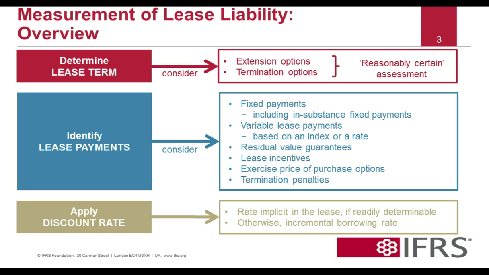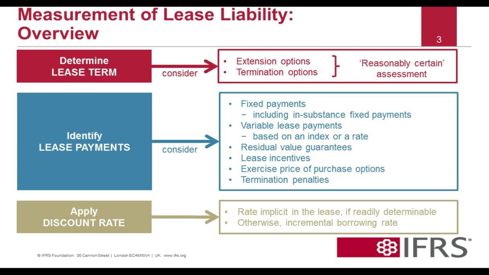So the first area that we'll talk about relates to determining the lease term. Specifically, we'll be discussing what a lessee should be doing with extension and termination options. So, for example, we'll look at the factors that a lessee should consider when thinking about whether to include a period covered by an extension or termination option within the lease term. Second, we'll look at a couple of particular elements of identifying lease payments.